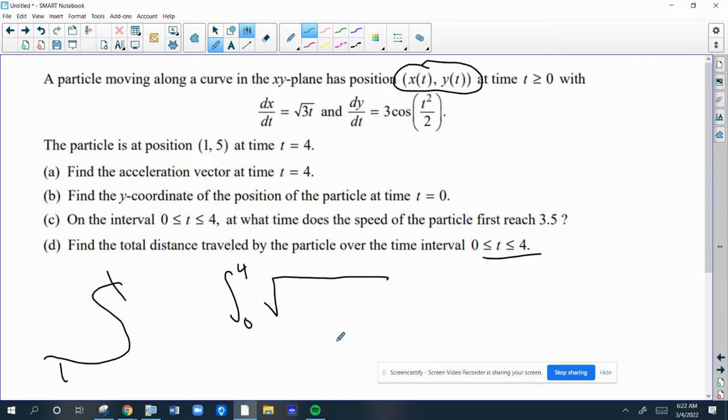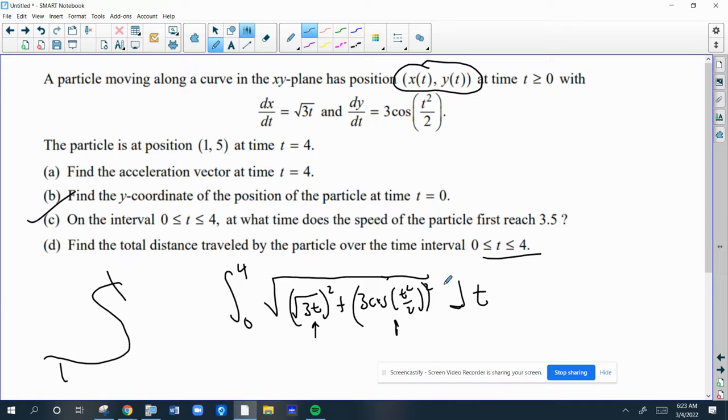We already have the derivatives, or you can just call it the velocity components. So it's looking a lot like the last question. So that's how you always find total distance when you're given vector components for curvilinear motion. And remember, these have always got to be the velocities.